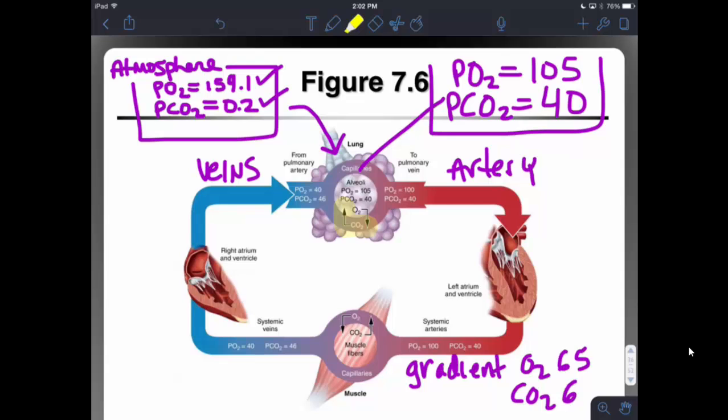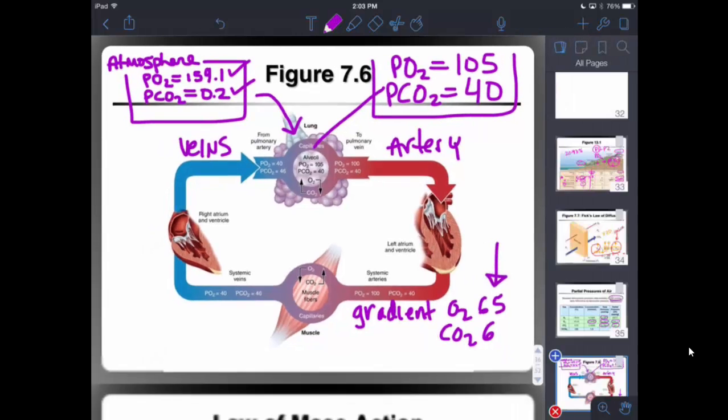That should be obvious. Now, think about why the gradients that are driving these flows are so different. The pressure gradient driving oxygen into the body is 65, but the pressure gradient drawing CO2 out of the body is only 6. Let me give you a hint of why this is.